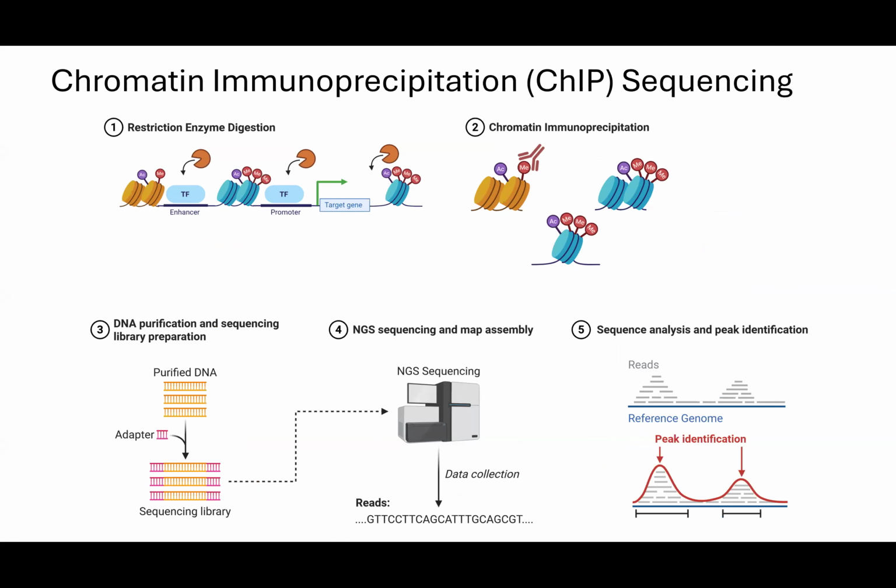To start, the classic technique in this family is chromatin immunoprecipitation sequencing, or ChIP-seq. This is what a lot of the methods were developed for and still what a lot of people use. For this, you first need to split the DNA into different pieces.